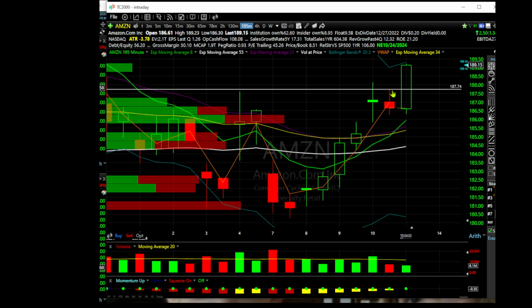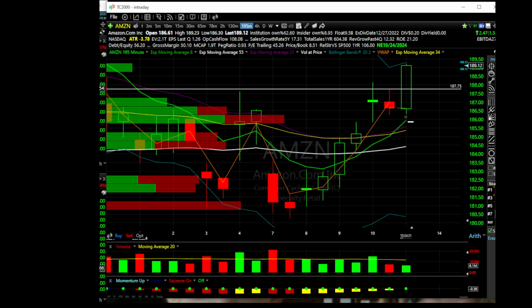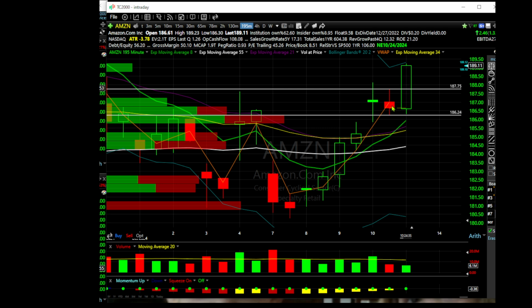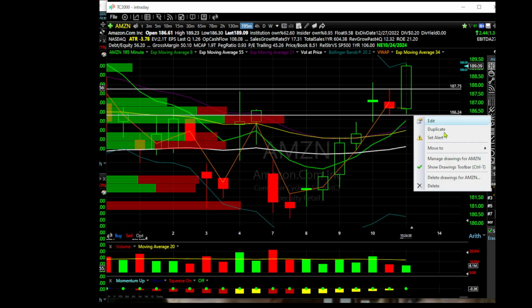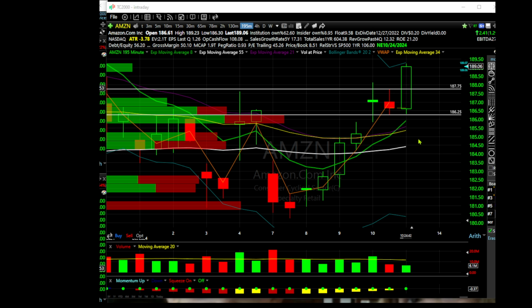So do you see this red candle, how you've got a high of 187.75, and then you've got a low here of 186.25, right? And so that's your inside candle. Any questions on this, what an inside candle is?